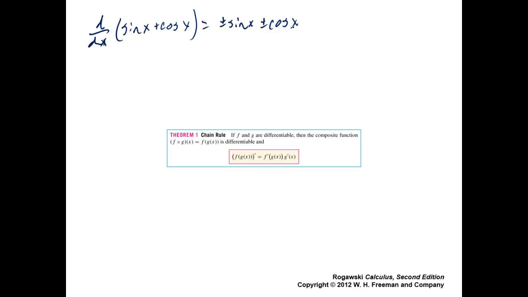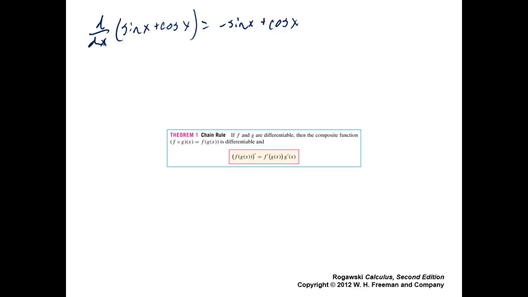Each of those trig functions should only have one sign in front of it, either positive or negative, but not both. Well, the derivative of sine is positive cosine, so for the cosine that should be the plus, not the minus. But the derivative of cosine is negative sine, so that should be the minus, not the plus. So that's what the answer should be for A.